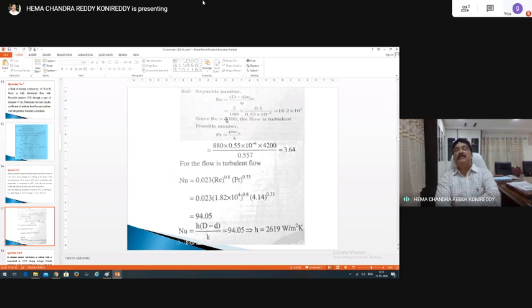So you can also calculate Prandtl number from the given parameters. Prandtl number you are getting is 3.64. So the flow is turbulent. Fluid is flowing through a pipe. For turbulent fluid flow, you use the popular Dittus-Boelter equation. Now, fluid is entering at a temperature less than the plate temperature.